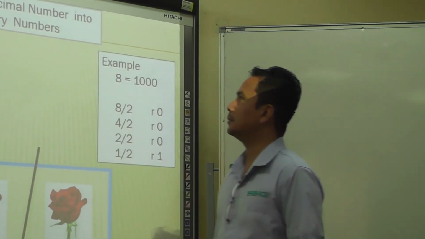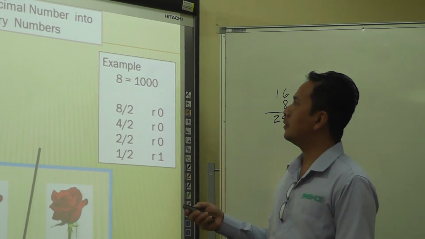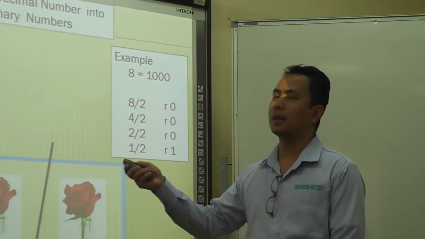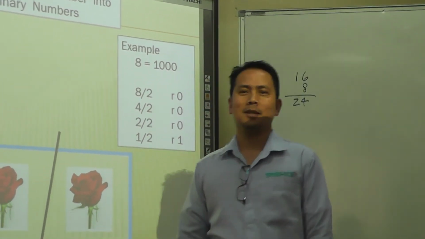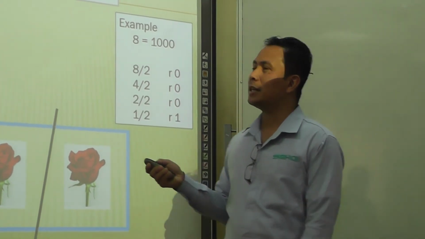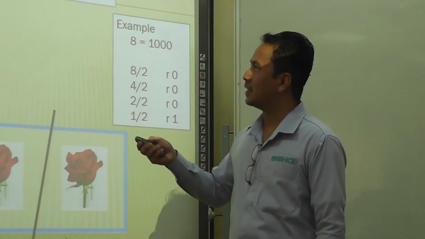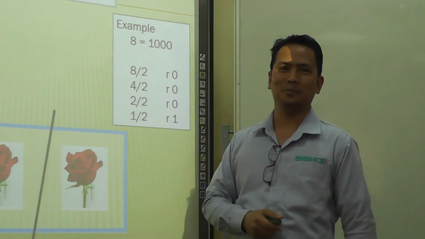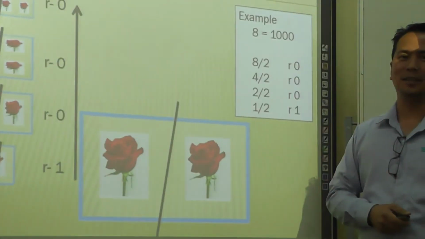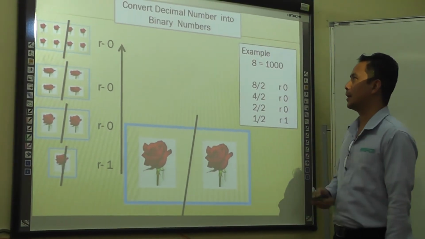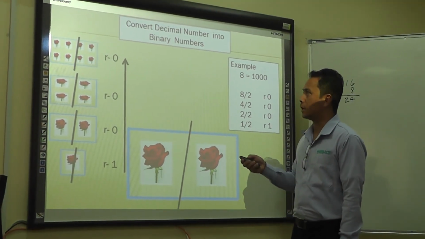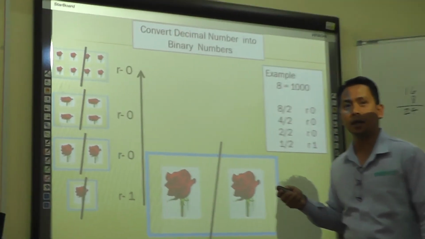Next example. I have 8 flowers. I need to divide 8 by 2. So what is the answer? Correct. The answer is 4. Do we have remainder?